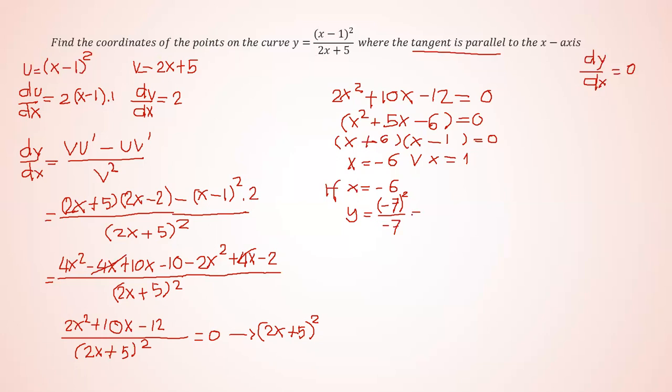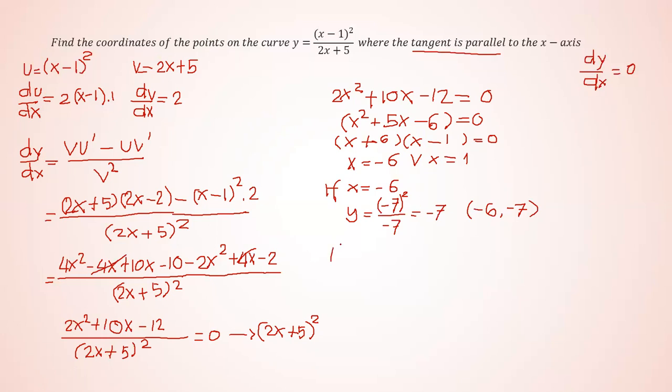Okay, 49 over negative 7 becomes negative 7. Okay, so the coordinate point is (x, y) equals (negative 6, negative 7).